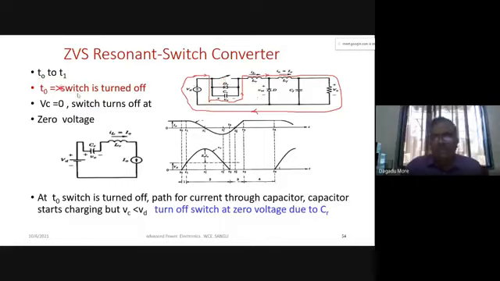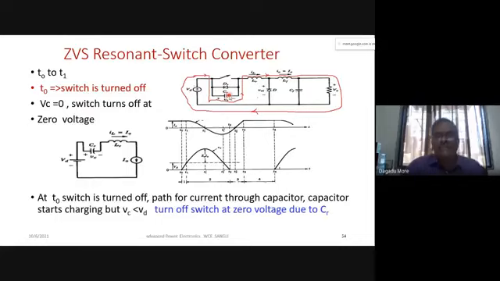Is it right? So at T0, we initiate the signal for turning off the switch, and when the switch is turned off, we have a path of current. Now here we have the capacitor voltage VC and the supply voltage VD, and let us assume that the capacitor voltage is less.